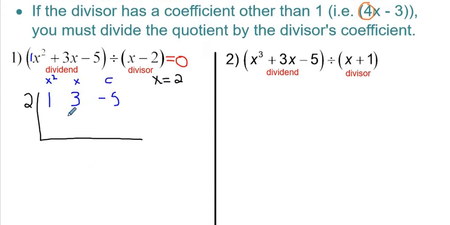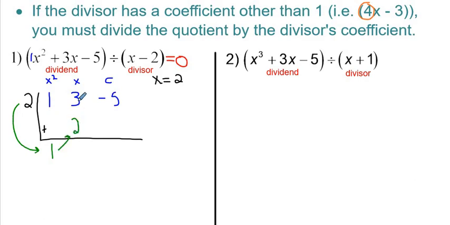And so what you do is inside this inverted synthetic division box, you add everything that you have in here. So you start from left to right. 1 plus nothing is 1. And then just like regular division, you multiply. 2 times 1 is going to give you 2.